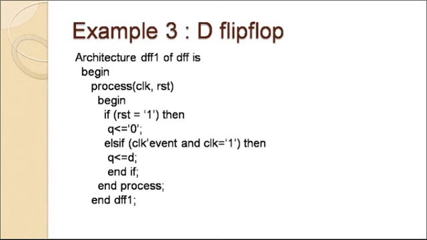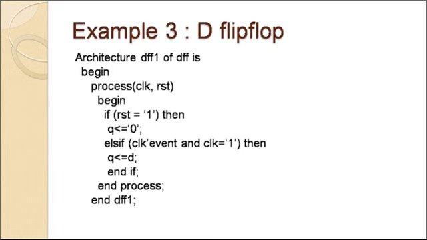It will happen only when the clock is changing from 0 to 1. If the clock is changing from 0 to 1, the event has occurred as well as clock is 1. But suppose the clock is changing from 1 to 0, the event has occurred but the value of clock is 0. Hence this is not a falling edge; rather clock'event and clock is equal to 1 represents the rising edge of a clock.